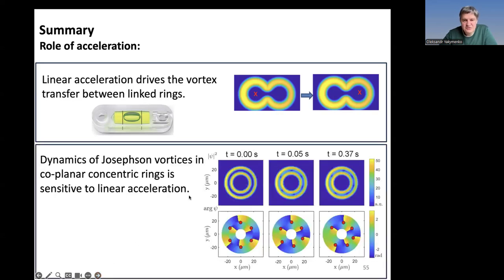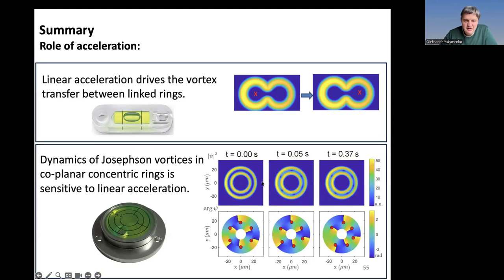Another approach was using Josephson vortices, which are related to a system like this. And this system resembles a circular bubble level, which allows measurement of both the direction and the magnitude of the external acceleration.